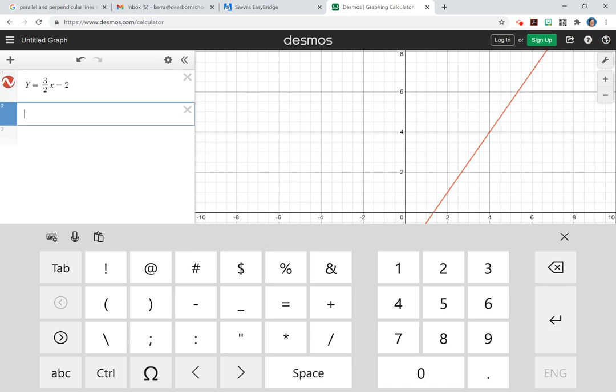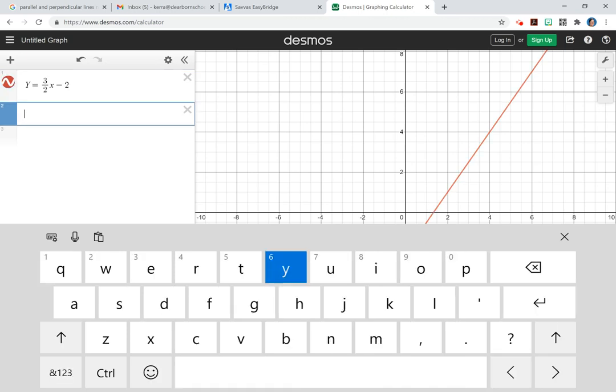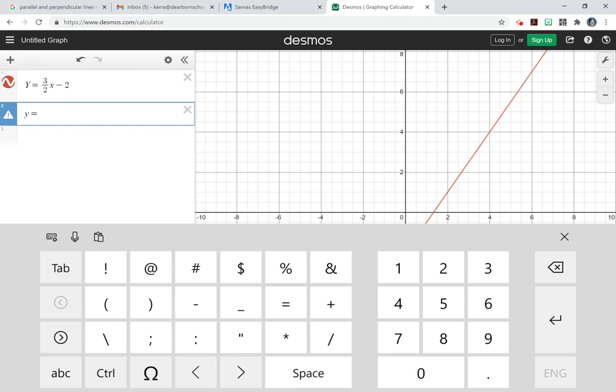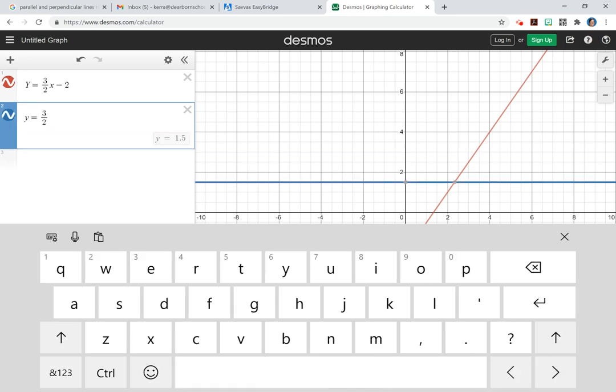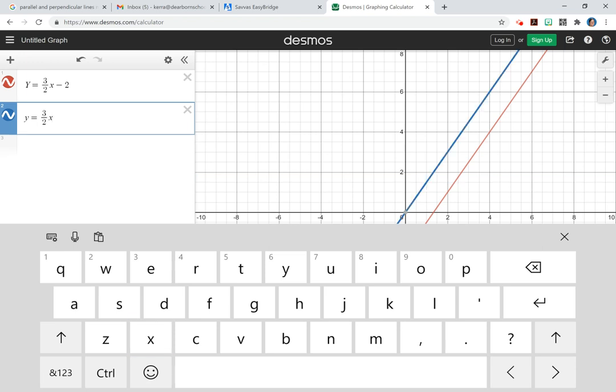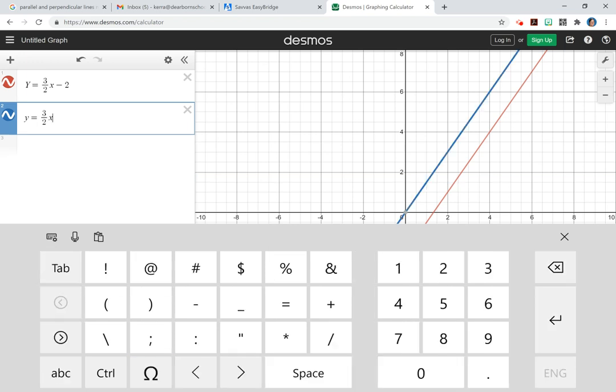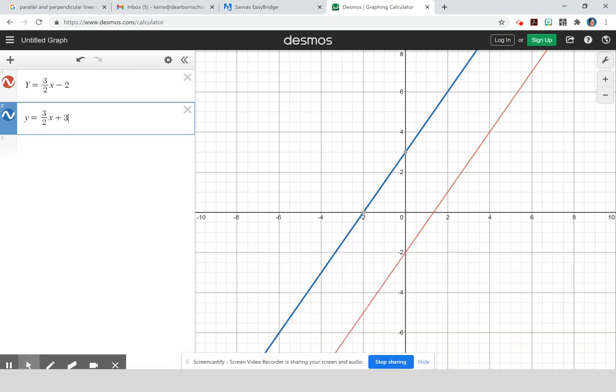So then that's our line. And then the line that we just found was y equals 3 divided by 2 with the x on the side. And then we said that the y-intercept was plus 3.